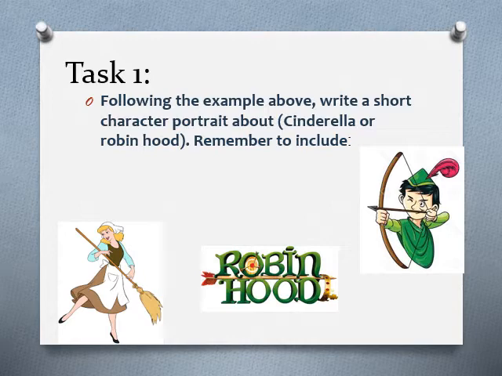Now I want you boys and girls to try and write a short character portrait like the one about Goldilocks, but this is going to be about Cinderella or maybe Robin Hood. And remember to include the name of the character. You need to say, for example, his name is Robin Hood or her name is Cinderella.